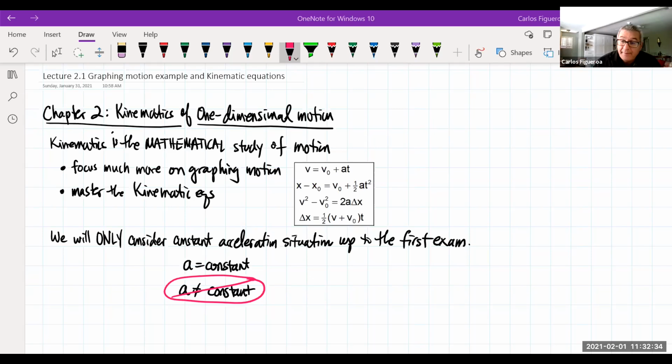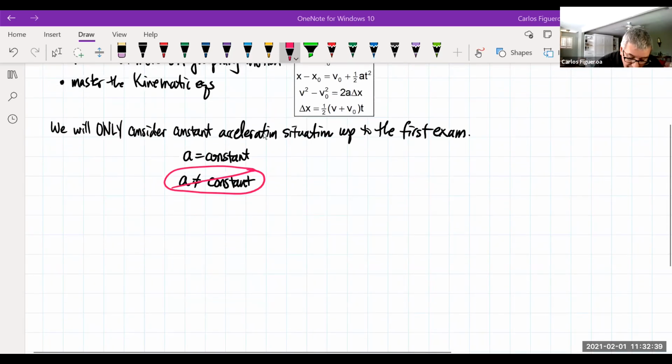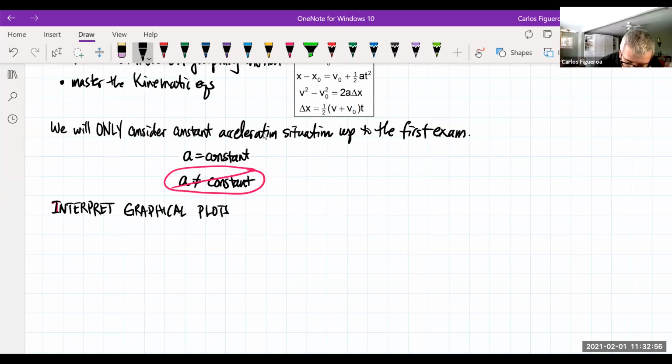Now our first thing is that we want to interpret graphical plots of motion.